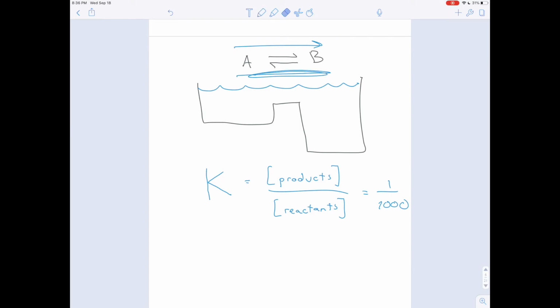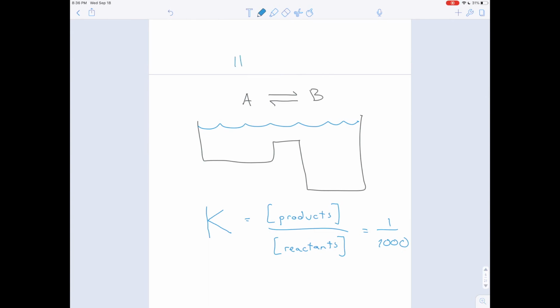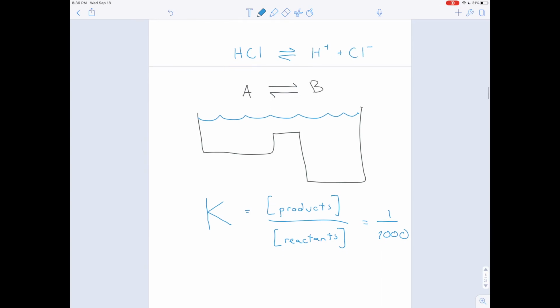If that reaction is an acid, so a molecule that has an H to give away, then the equilibrium constant for it would be something called Ka. A for acid. And that's all there is to that. So Ka tells you how far forward an acid dissociation goes.